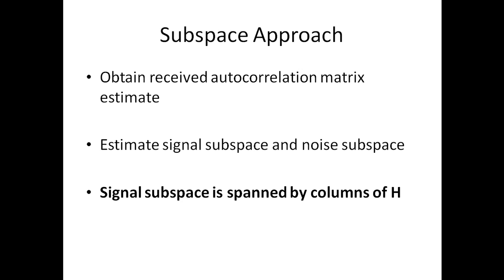We have to recognize that the signal subspace is spanned by the columns of H, so the crux of the problem is to find the signal subspace and one of the basis vectors of the signal subspace.